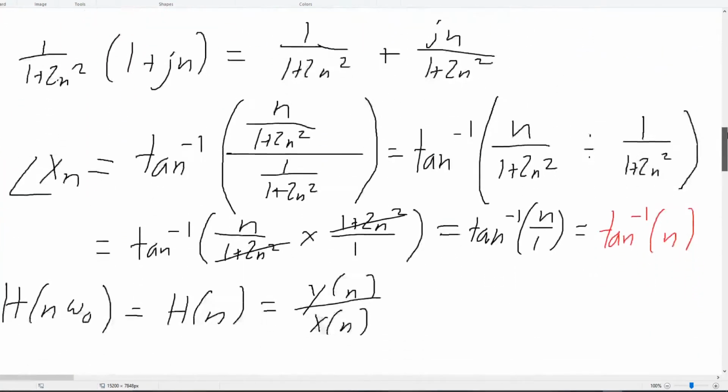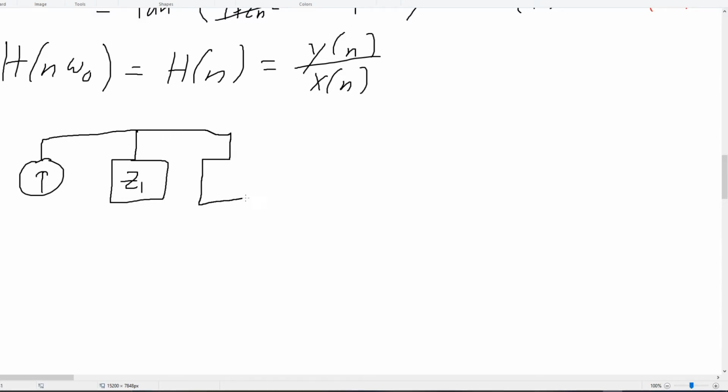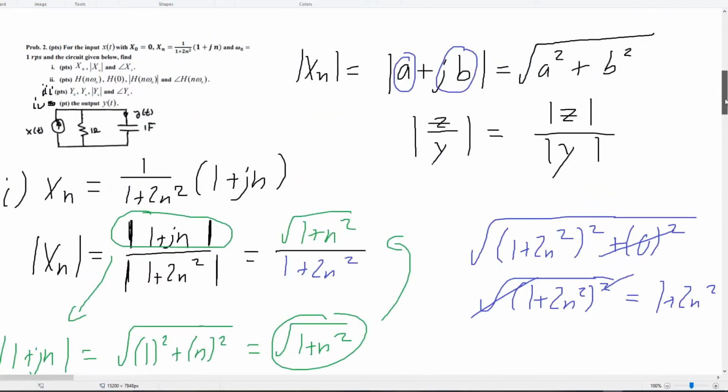Let me just remind everyone how to do current divider as well. So let's say you have this, right? You have your source, and you have Z1. This is going to be Z1 in parallel with Z2. And you're trying to find, it says over here, Y(t) is going through the capacitor.